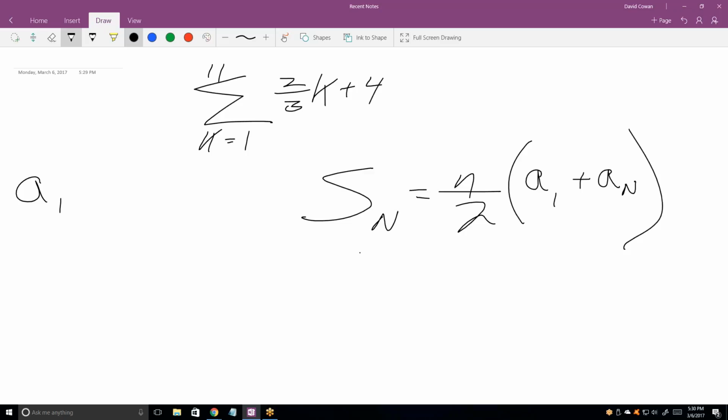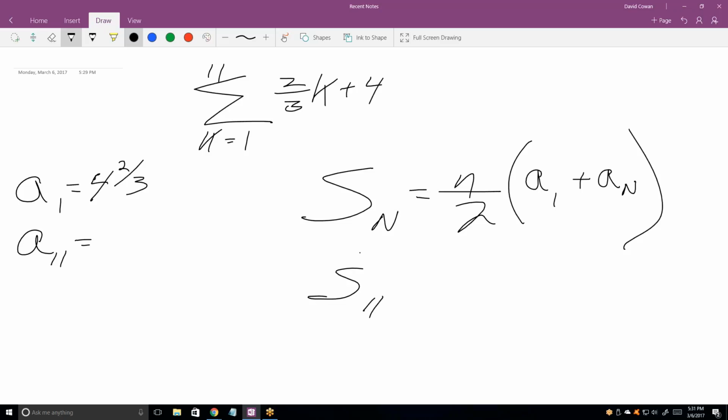So what's a sub 1? It's 1 for k, which gives you 2/3 plus 4, right? Yeah. Okay, so 4 and 2/3 is a sub 1. What's a sub 11? Because they want s sub 11, so we need to know what a sub 11 is.